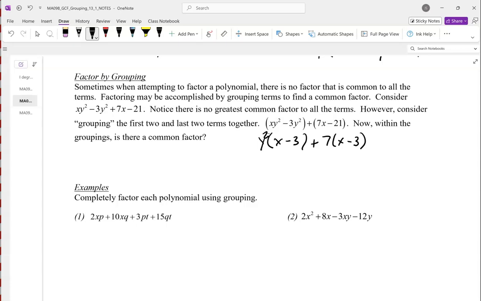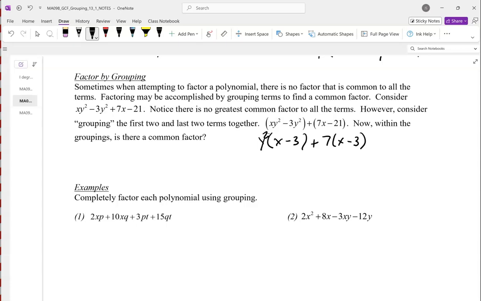So again, both of these terms have a y squared, left us with x and a 3, so they have the x minus 3 there. Both of these terms have a 7 in it, that leaves us again with x minus 3. Okay. Now notice, do you see the same thing in this first block as you do in the second block? Yeah, I see an x minus 3, right?